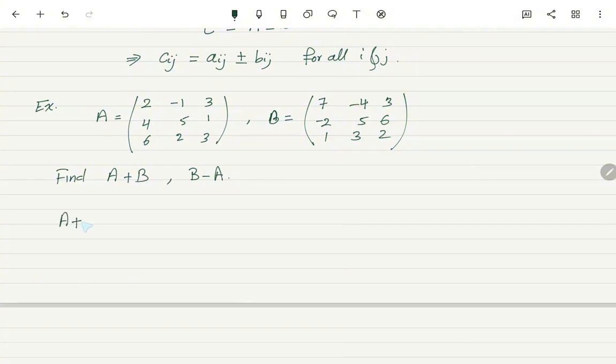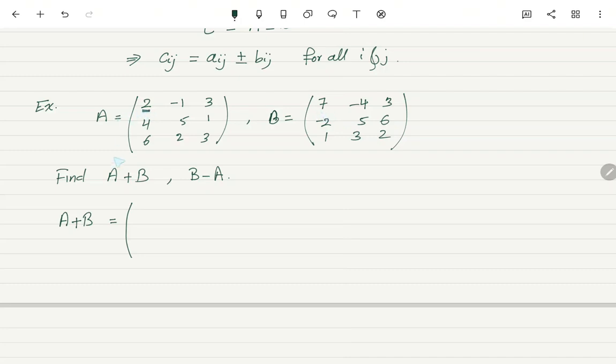So A plus B. To perform the addition, we add every single element of matrix A with every single element of matrix B.